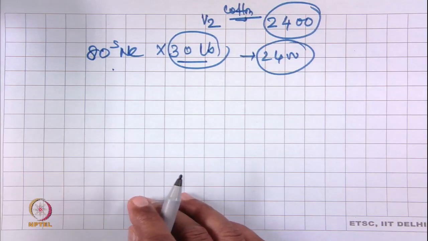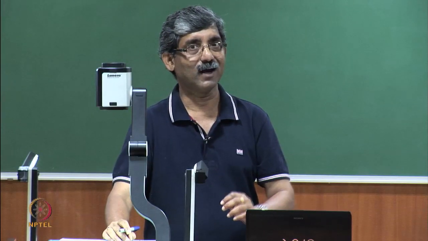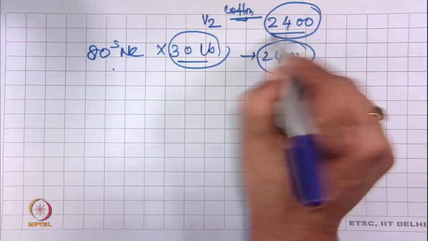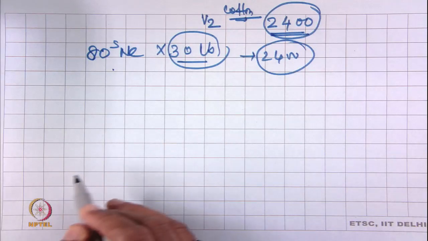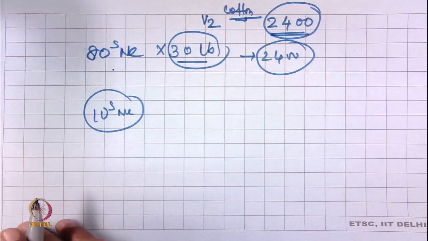Now, suppose we are trying to produce yarn of very coarse count from this variety, say 10s count.